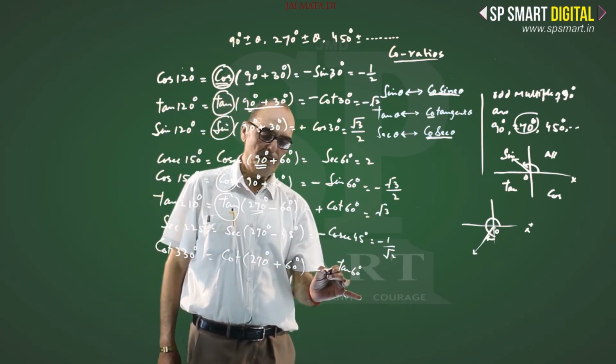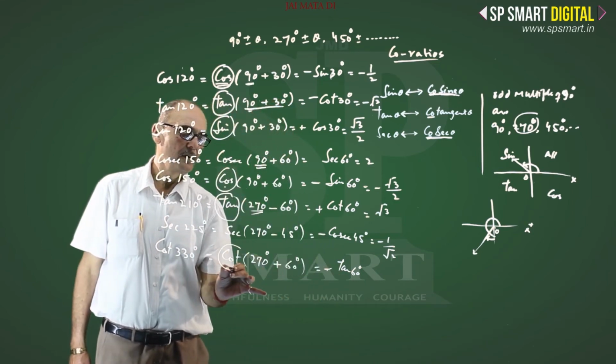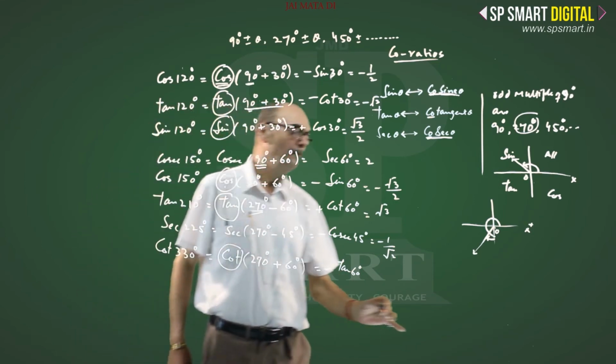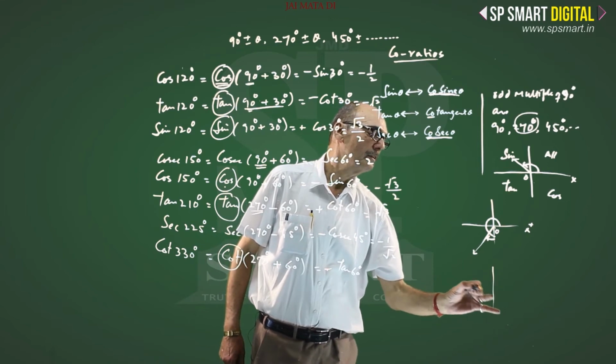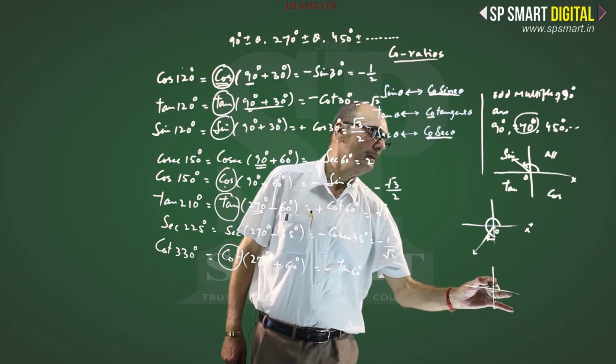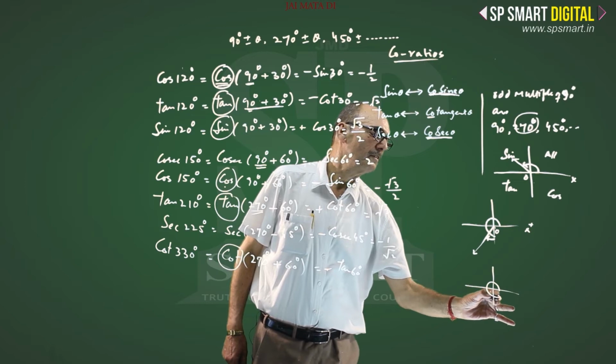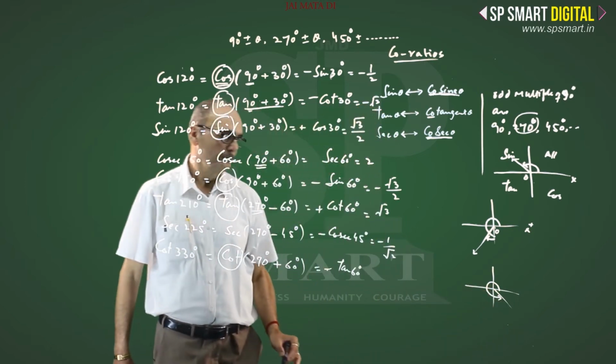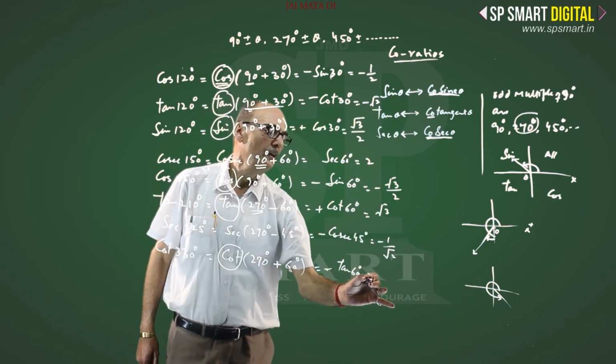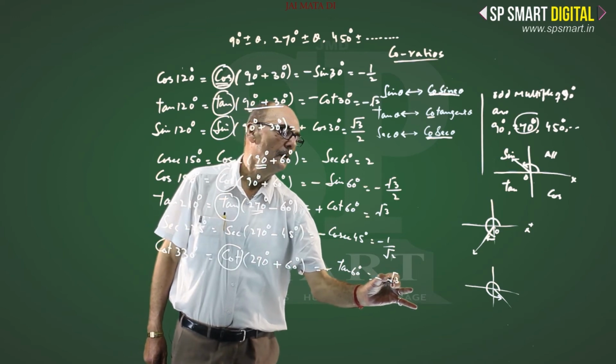This is negative, cot is negative, because it lies in the fourth quadrant. This is the y-axis, the x-axis, starting from here, 270 plus 60. So this is minus root 3.